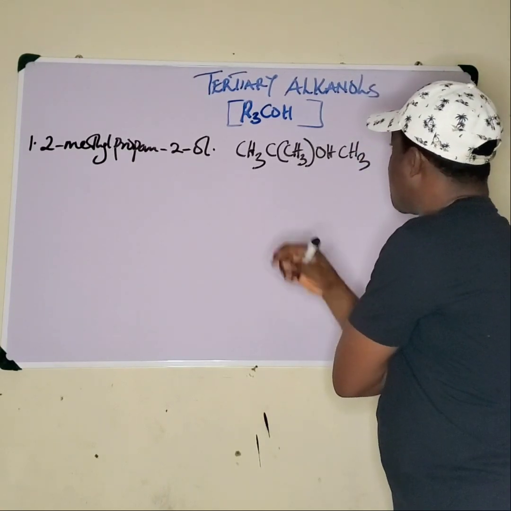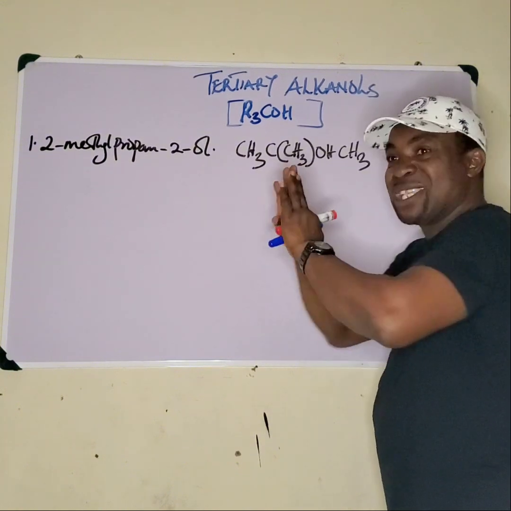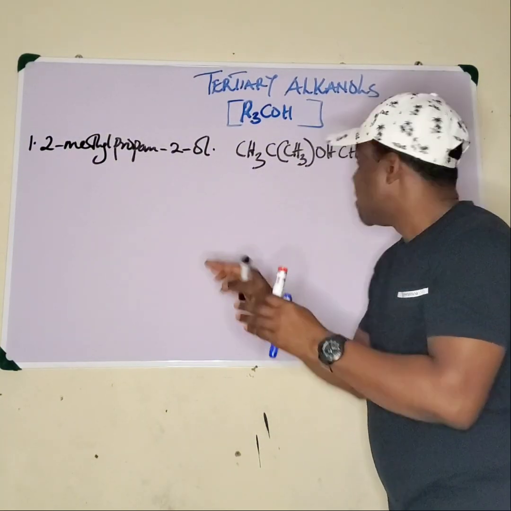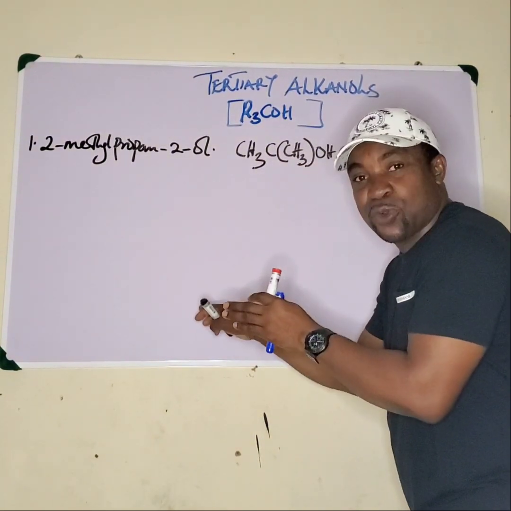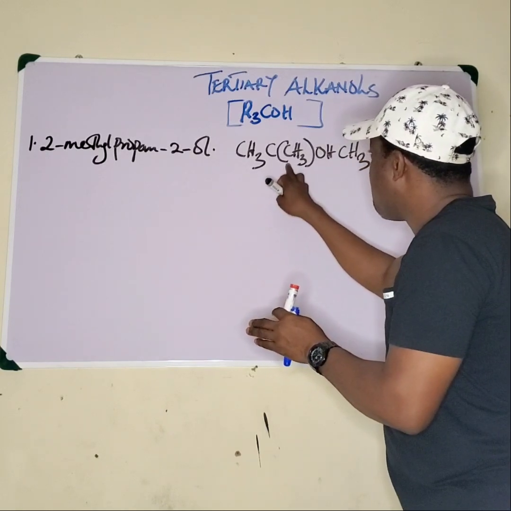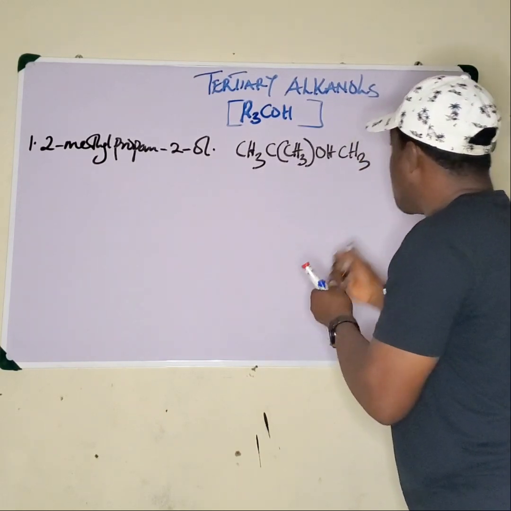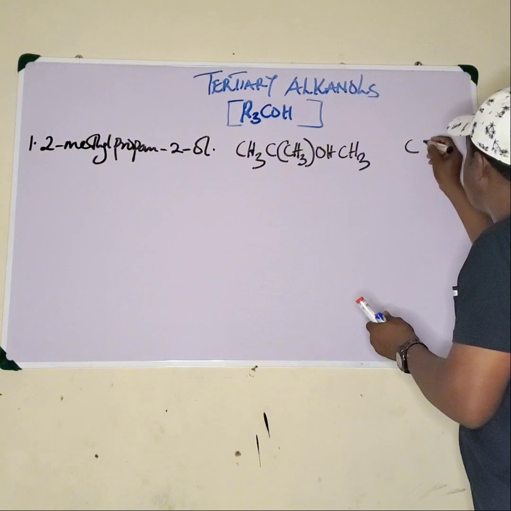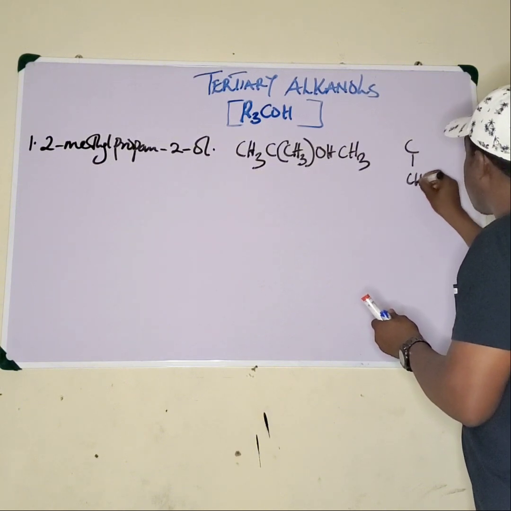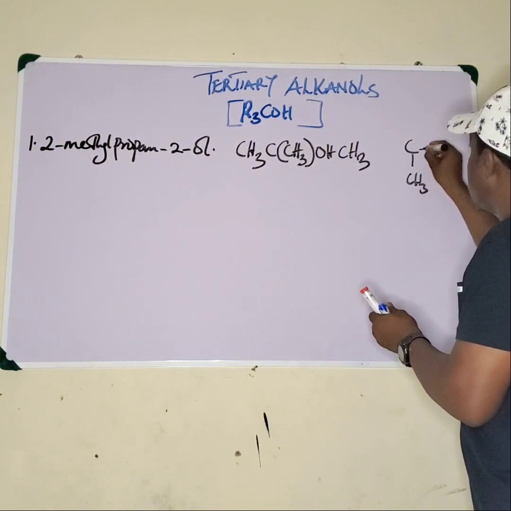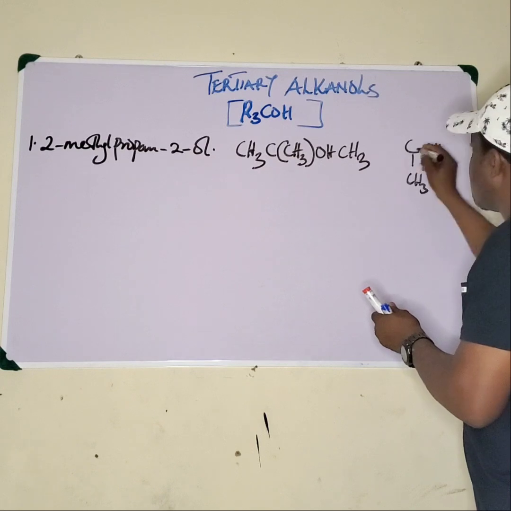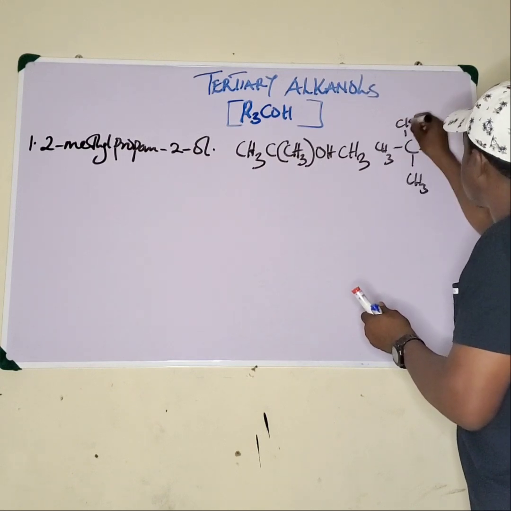In this naming, you are not going to name the methyl group in brackets. It means that this is an alkyl group, okay? So if this position is confusing you, it simply means CH3, COH, CH3, CH3.